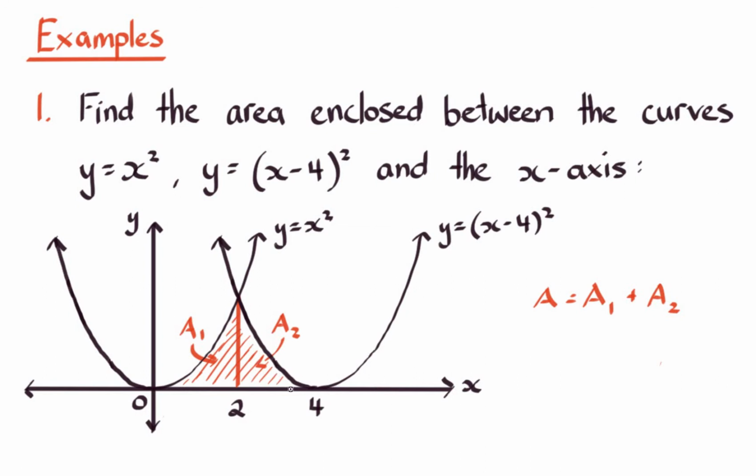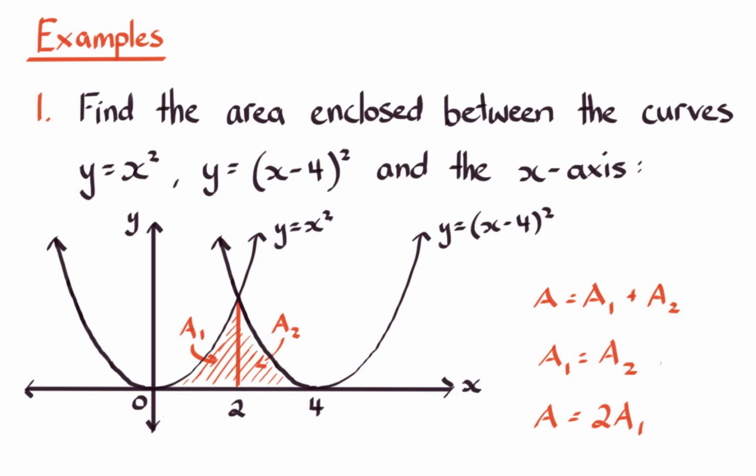But by symmetry, you might notice that area 1 is just going to be equal to area 2. And so if you wanted, you could find the total area by just doing 2 lots of area 1. For this example, we will do both integrals and just check that they are the same, but that is one potential way that would be a little bit quicker to solve this.